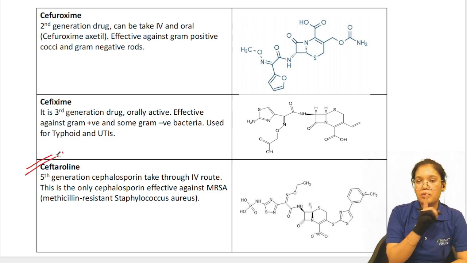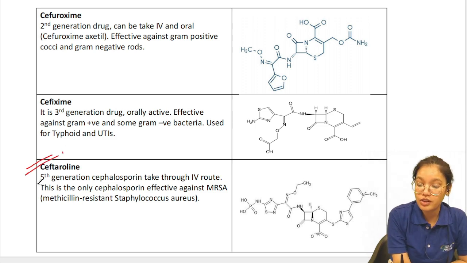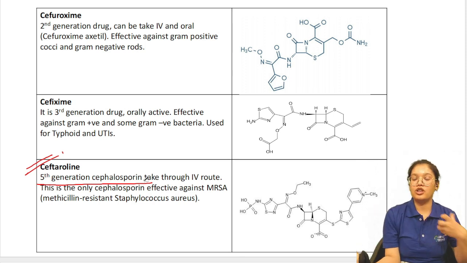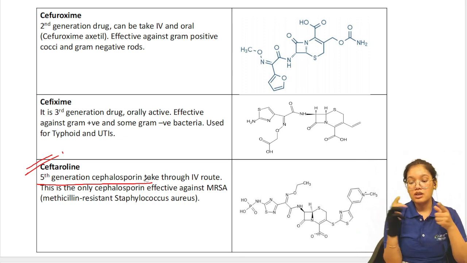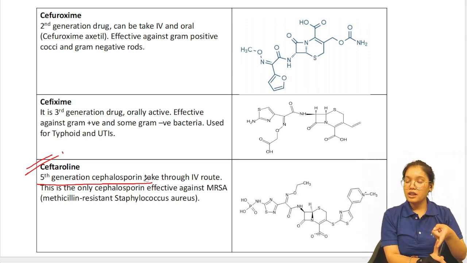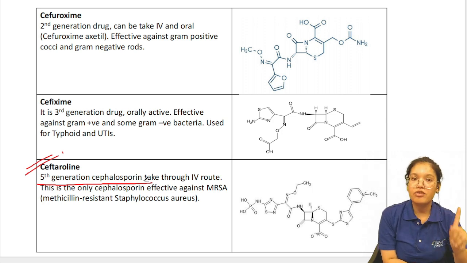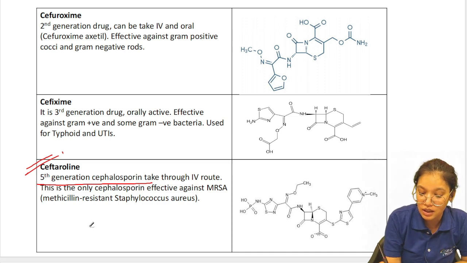Now moving forward towards the next drug. This is an important drug. This is the fifth generation cephalosporin drug, the newest generation drug. It is taken through IV, and it is the only cephalosporin drug that is effective against methicillin resistant Staphylococcus aureus.